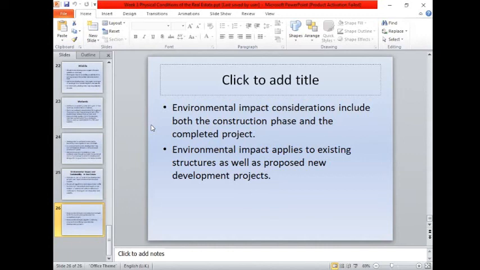And this developing company or real estate developer was sued by the residents outside the subdivision because of their development.